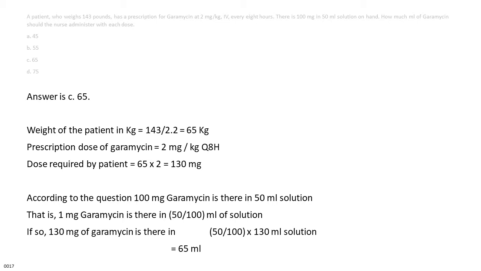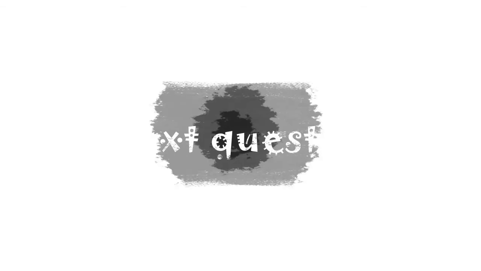According to the question, 100 mg gentamicin is there in 50 ml solution. That is, 1 mg gentamicin is there in 50 over 100 ml of solution. So 130 mg of gentamicin is there in 50 over 100 multiplied by 130 ml of solution, which equals 65 ml.